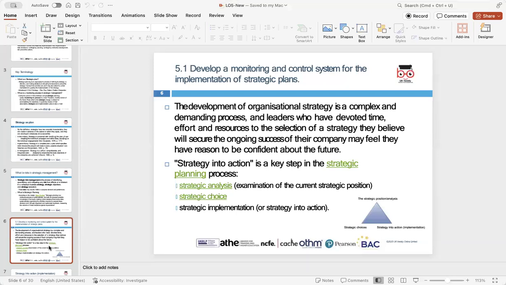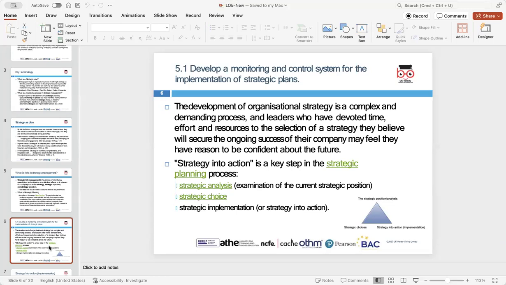Leaders devote significant time and resources to selecting strategies that they believe will secure their organization's long-term success. However, developing a strategy is only the first step to achieve success. The strategy must be effectively translated into action.